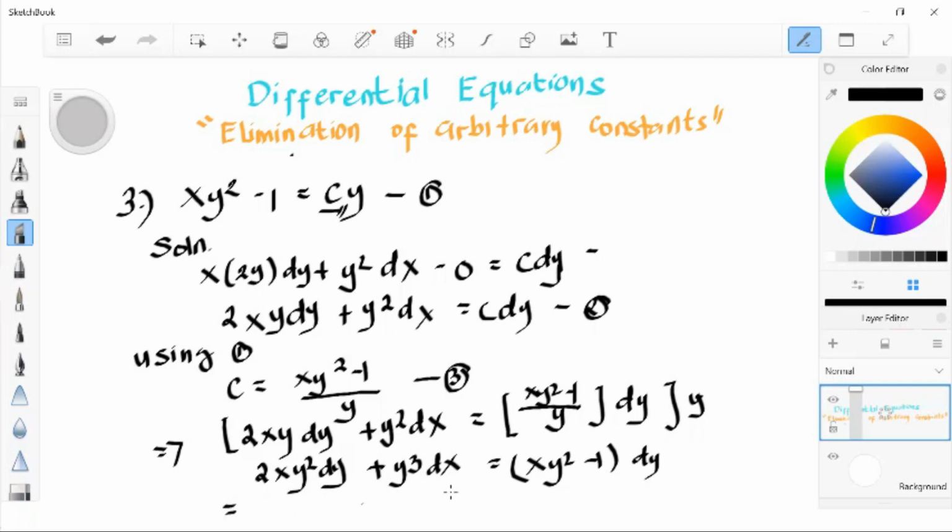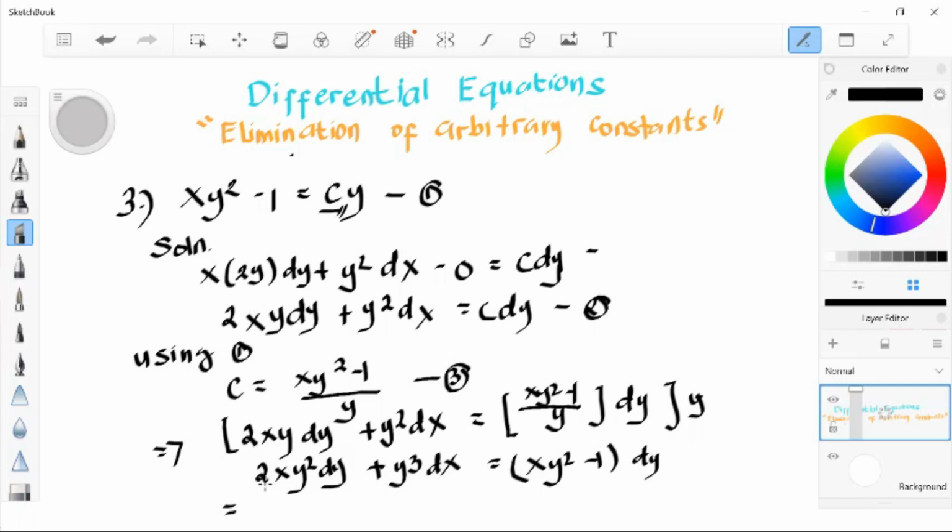And for simplification, we regroup the equation, dx for dx, dy for dy. Therefore, for dy, that is 2xy squared, minus xy squared. We transpose this to the left side, this would become negative.